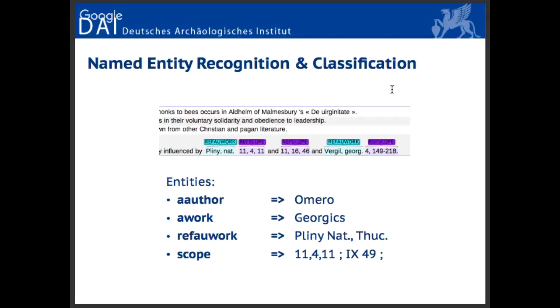And this hybrid entity, reference to author or work, is needed because you have tricky cases like Thucydides, when you give the name of the author, but what you really mean is the name of the work. So you're citing Thucydides, you're not citing the Histories, even when you're citing the Histories. So you say Thucydides, but you mean his opus maximum, the Histories. So that's to capture those cases.